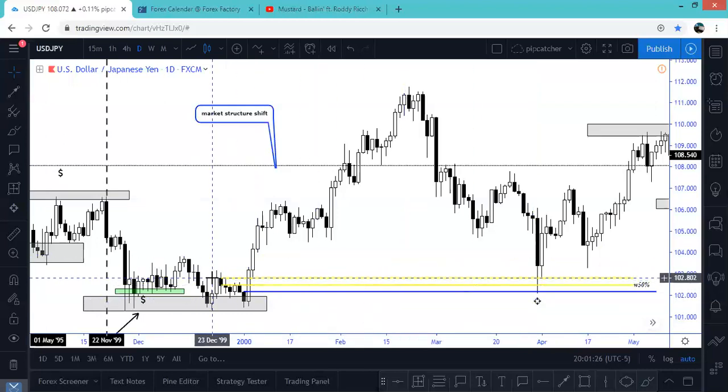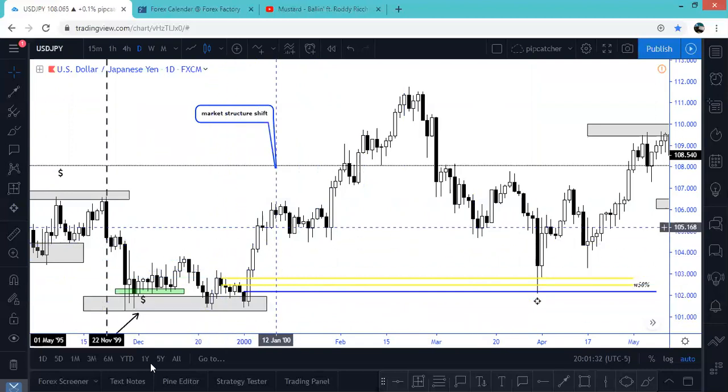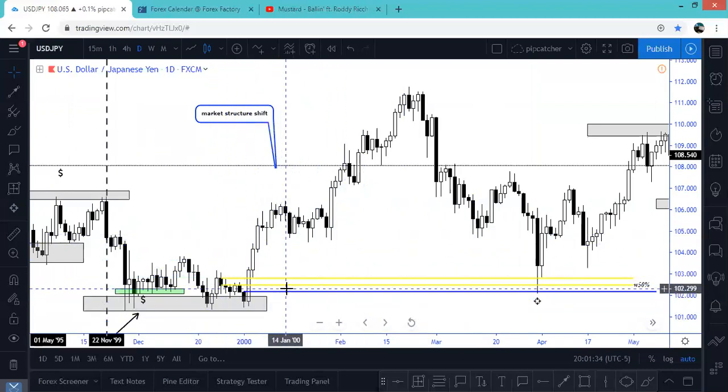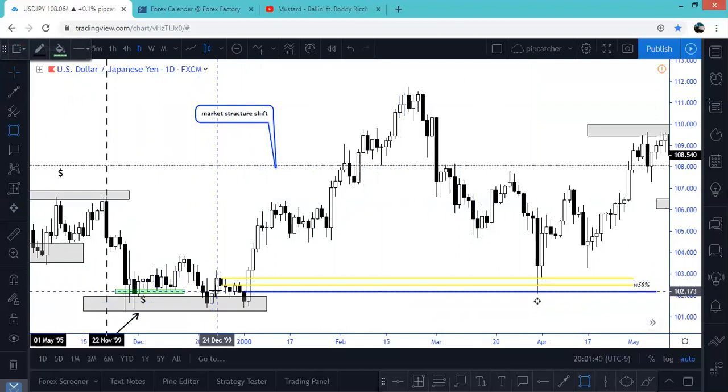Now, say you missed that. What is the criteria for a breaker in a bullish scenario? Is a bullish range or an up candle in the most recent swing high prior to an old low being violated. So look, this up candle right here, you see this up candle in the most recent swing high.